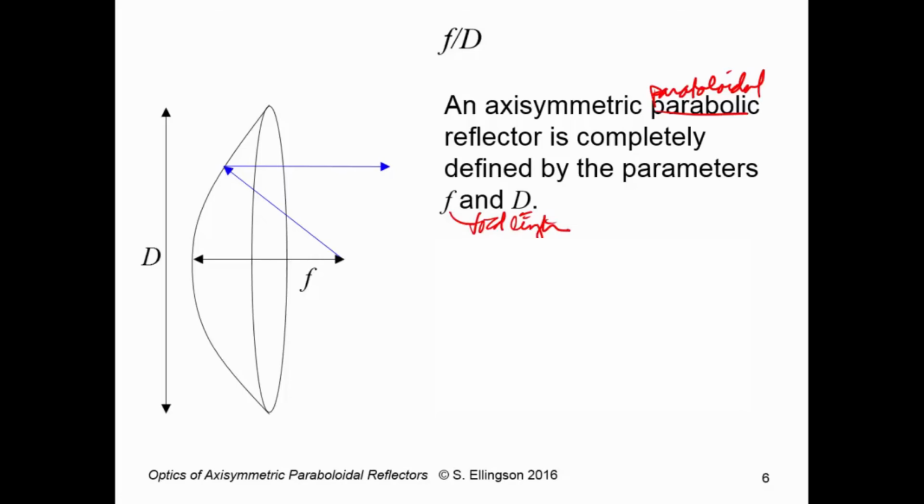D we'll define as being the overall dimension of the reflector. All right, so in a circular axisymmetric paraboloidal reflector, D is the diameter, which is why we use the letter D. Now, this sometimes gets confusing because we also like to use D as directivity. That's clearly not what I'm talking about here. Here, D is diameter.